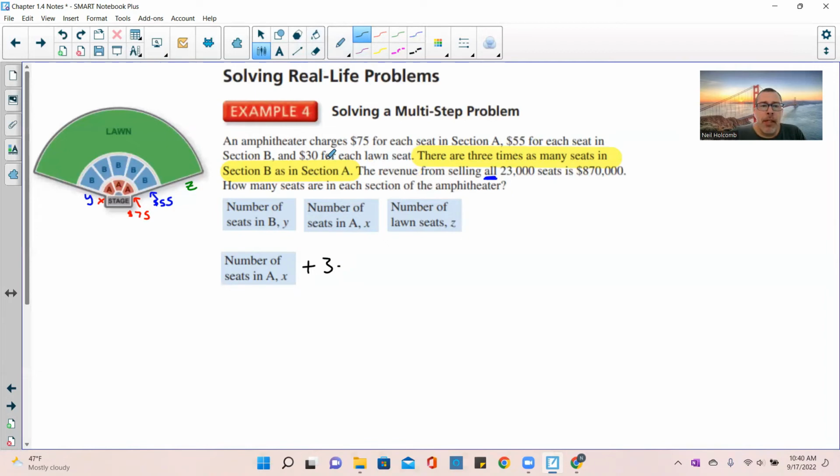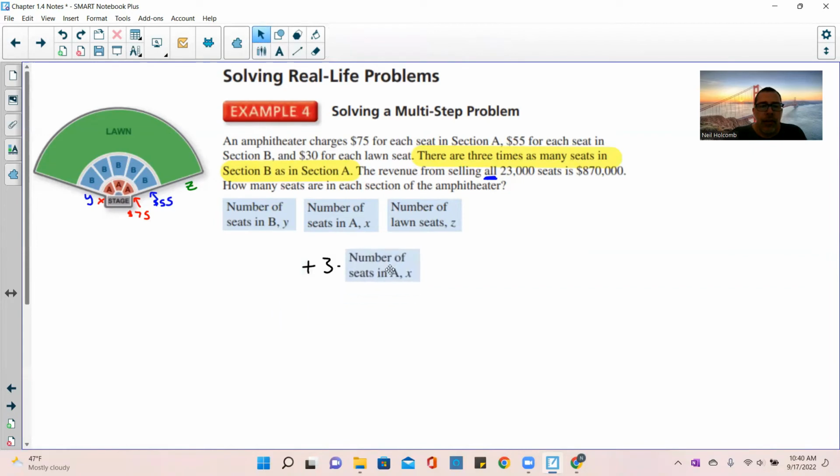There are 3 times as many seats in B as there are in A, so the number of seats in B is 3 times A. We have to multiply A by 3 to equal B. So the number of seats in B, Y, equals, okay, let's not add yet.